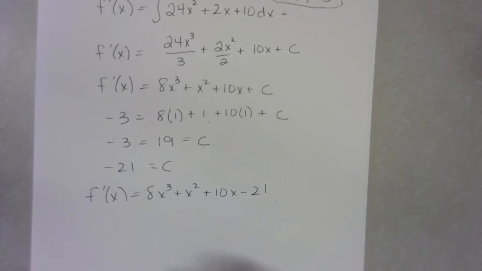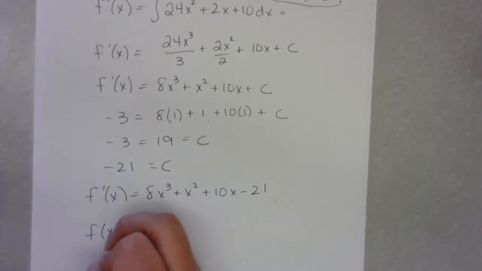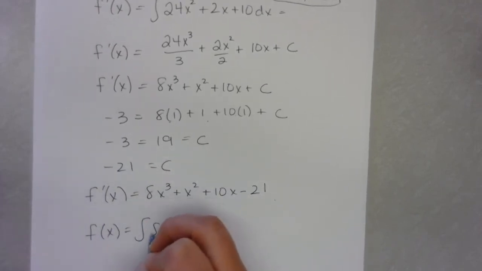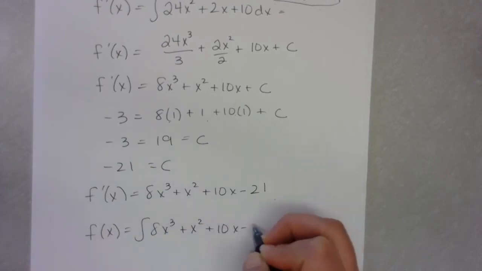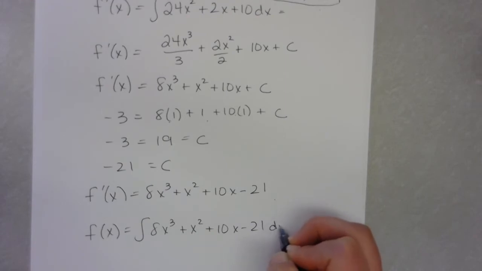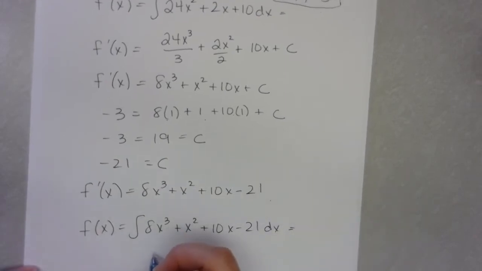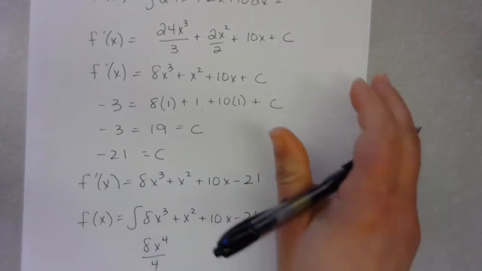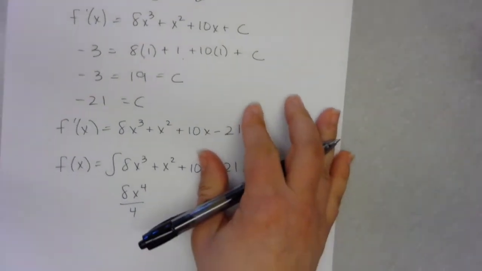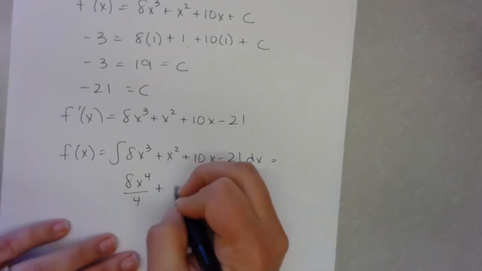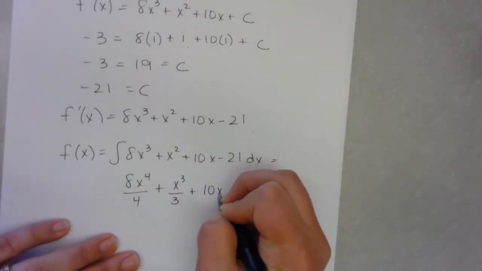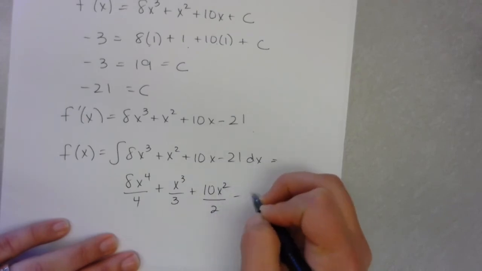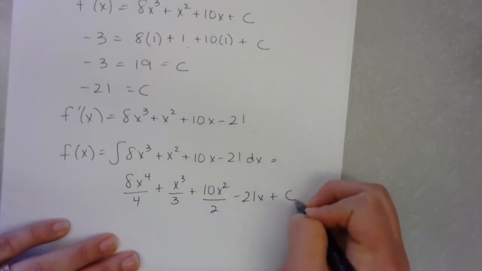Okay, so now I know that f of x will be the antiderivative of 8x cubed plus x squared plus 10x minus 21 dx. This will be equal to 8x to the fourth over 4 plus x cubed over 3 plus 10x squared over 2 minus 21x plus c.